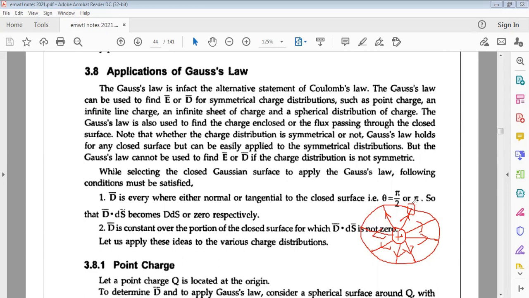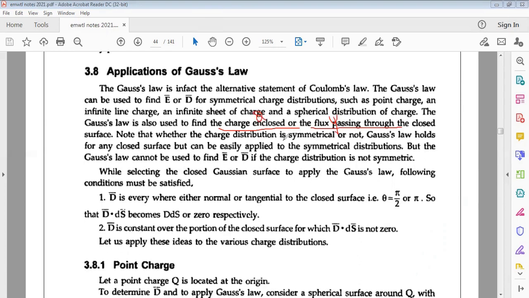Consider that the total number of flux lines leaving the surface is equal to the charge enclosed inside the closed surface. Both are equal. So the flux psi is equal to the charge inside, psi is equal to Q. The same thing: Gauss's law is also used to find the charge enclosed or the flux passing through the closed surface. Flux is psi and charge is Q.